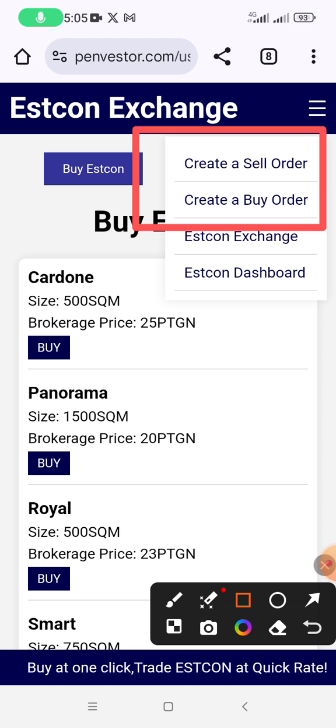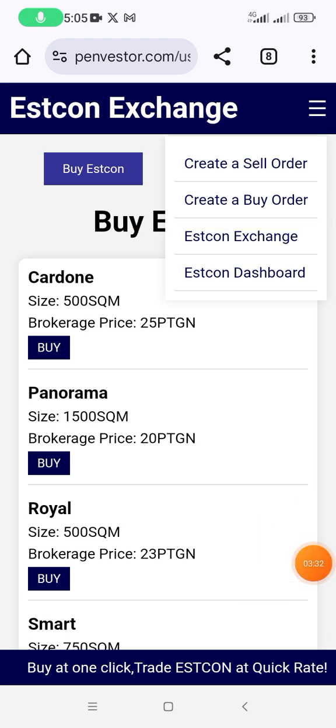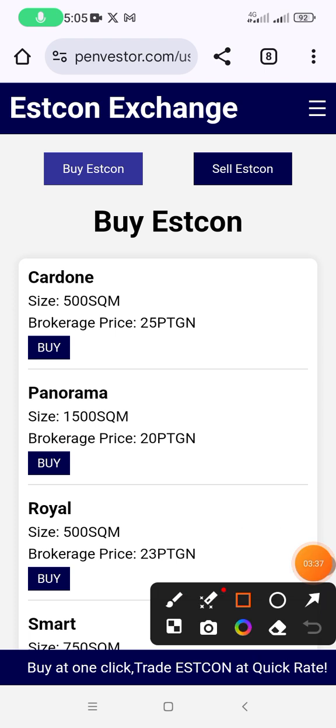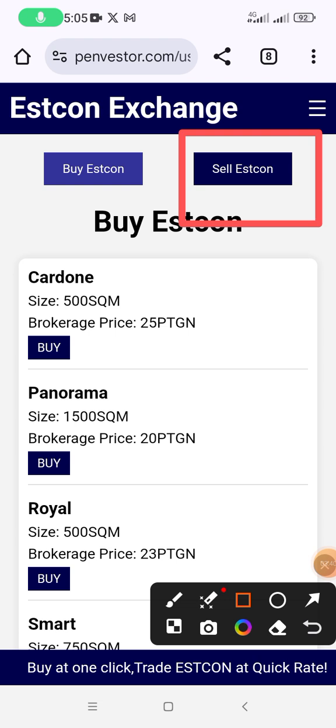Then a buy order means that I want to buy ESTCON from people. So if I create a sell order now, then it will be in this buy ESTCON, so people can buy the ESTCON. If I create a buy order, it will be in this sell ESTCON. It will be here. If I create a buy order, it means I am buying ESTCON.